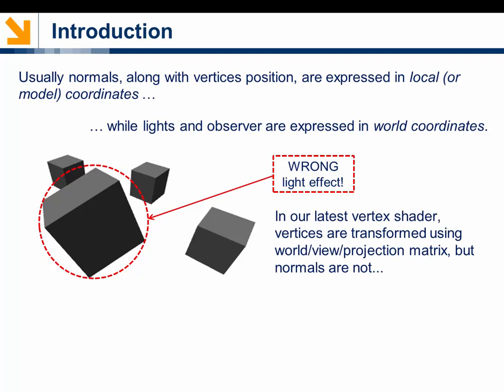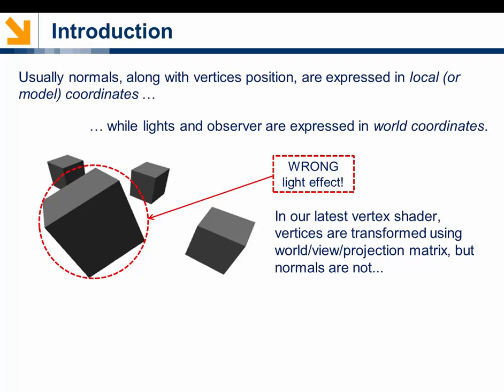This is because in our latest vertex shader, we will see the code in some moment, the vertices are transformed using the world view projection matrix, but the normals are not. So the normals remain expressed in local coordinates, while everything else changes coordinate system.